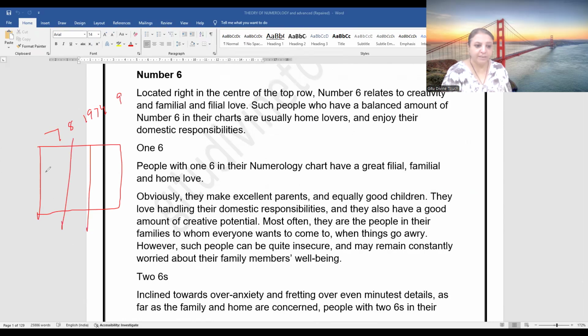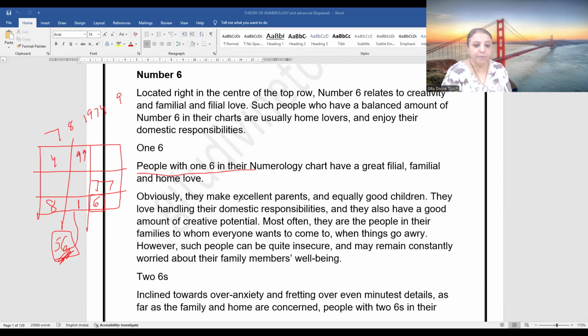So when we place these numbers here, 7, 8, 1, 9, 7, 4 and 1 9 here, and when this person is 56, for example, this age also we have to place here. For this particular year, when the person is 56, the person will have these qualities.